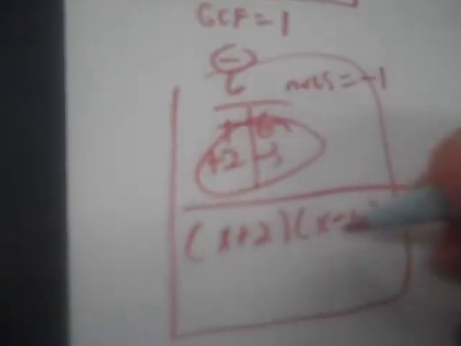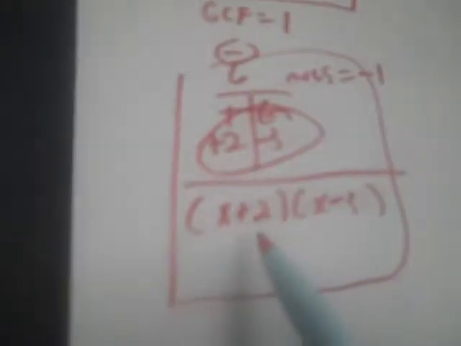If I did the rainbows and FOILed it, it would come back to this. So remember, it's x plus 2 times x minus 3. So you replace this with x plus 2, x minus 3.